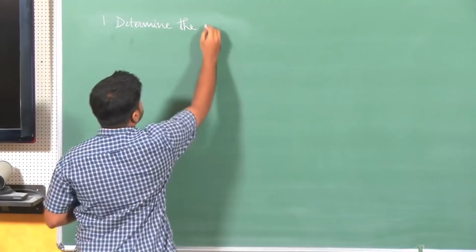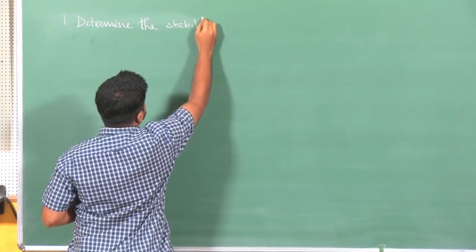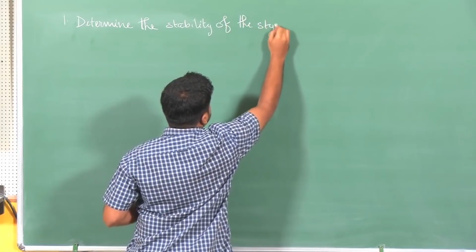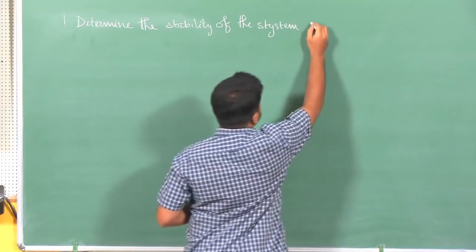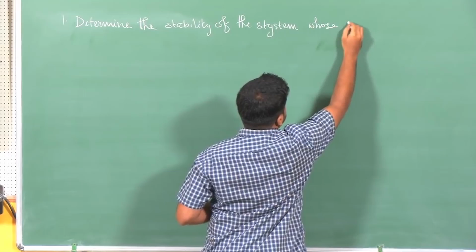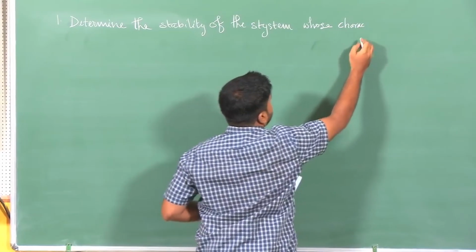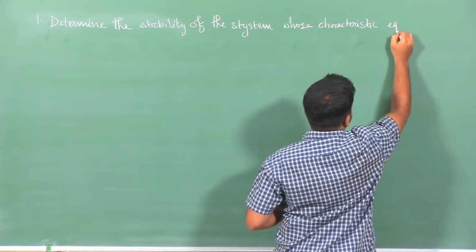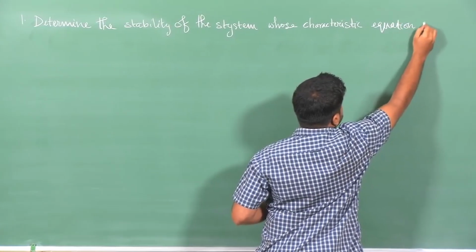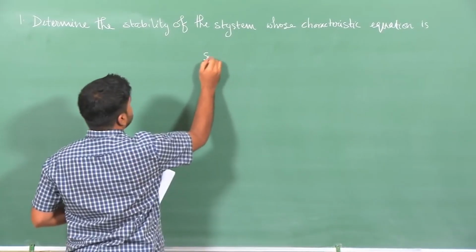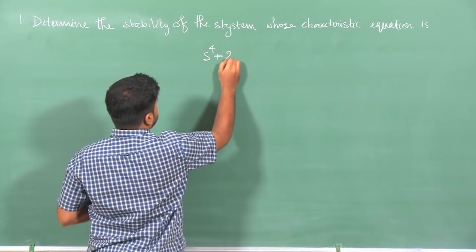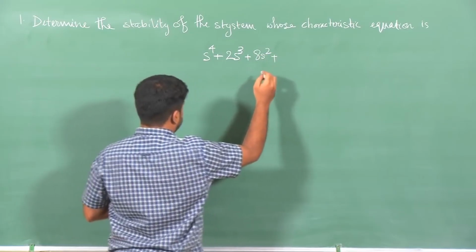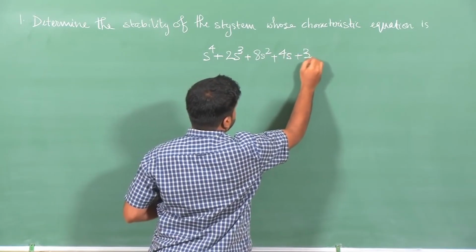So, determine the stability of the system whose characteristic equation is s to the power 4 plus 2 s cube plus 8 s square plus 4 s plus 3 is equal to 0.